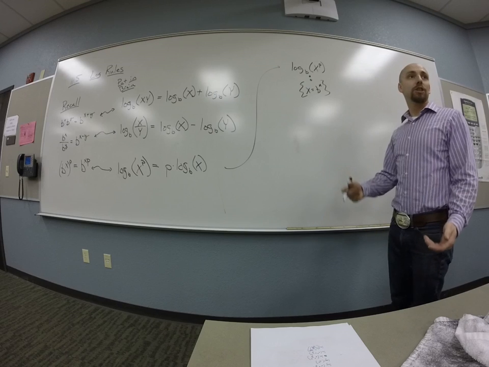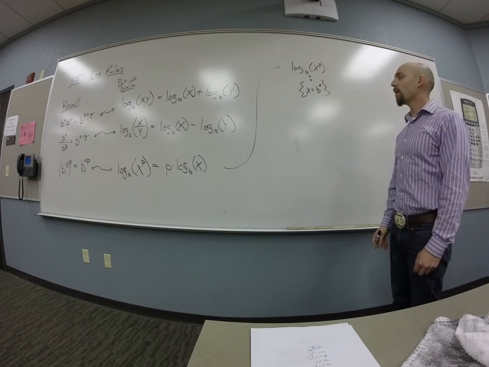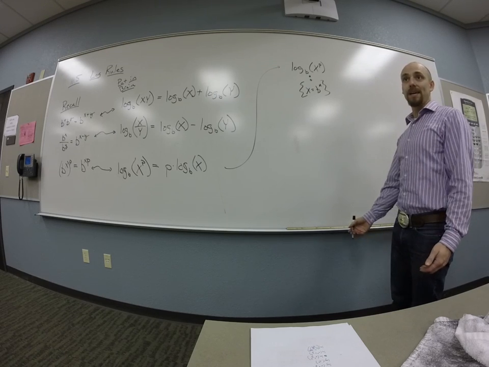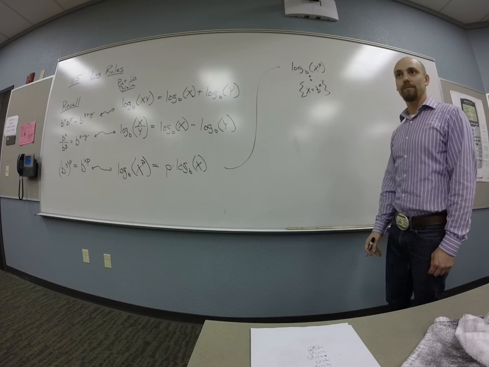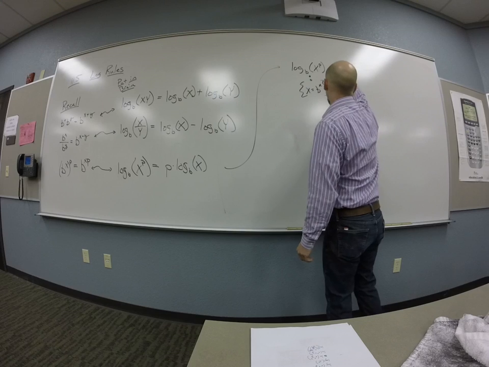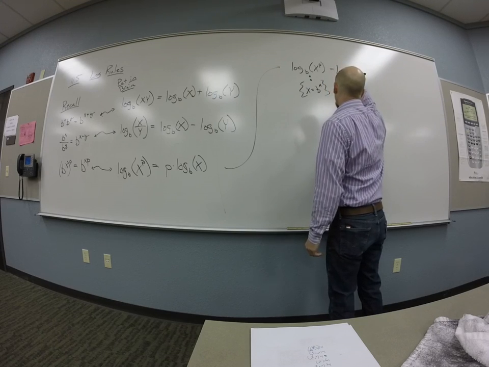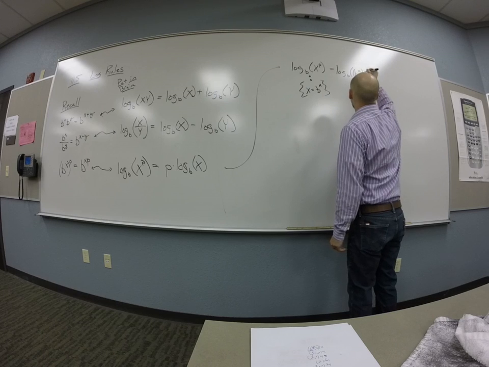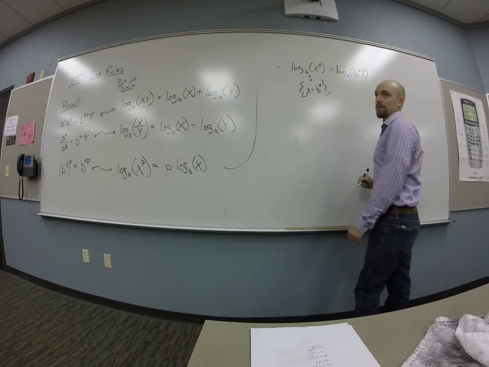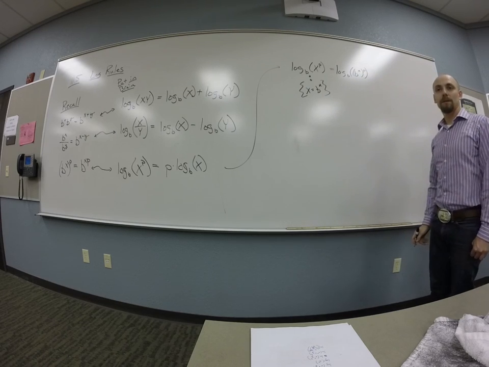There is an answer to what power of b x is. I'm just going to let that answer be n for now. So this would be log base b of b to the n, to the p. Does that make sense?